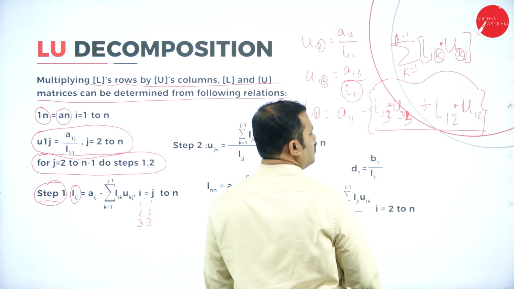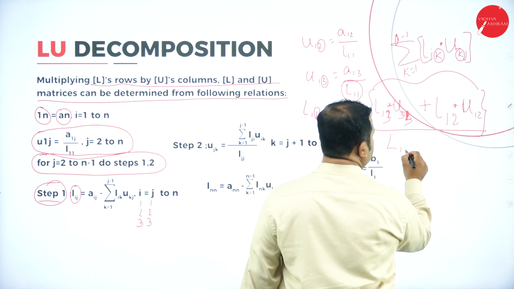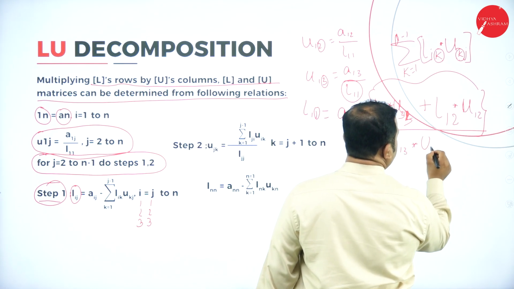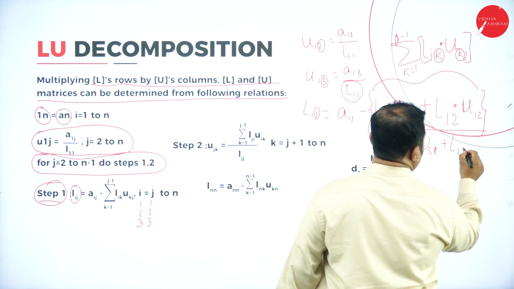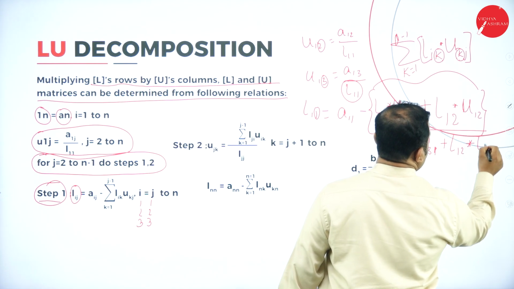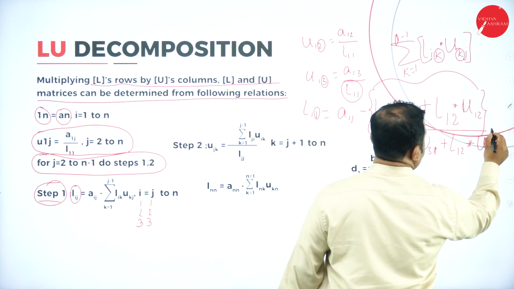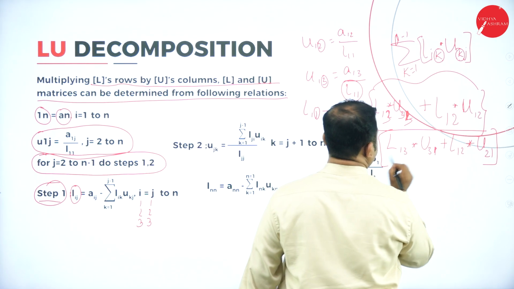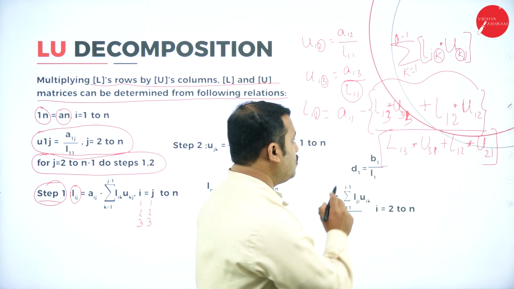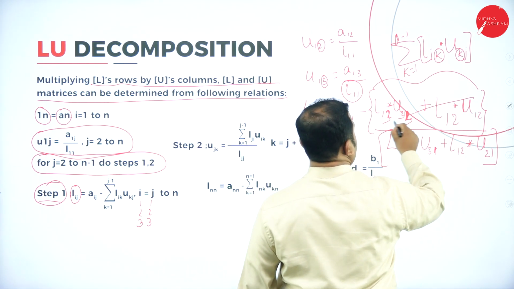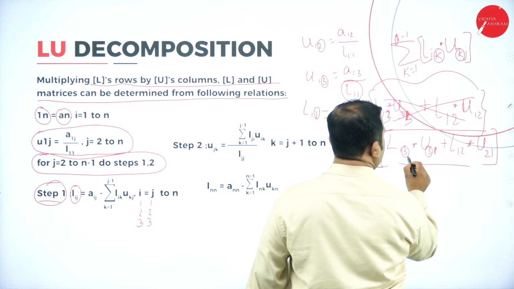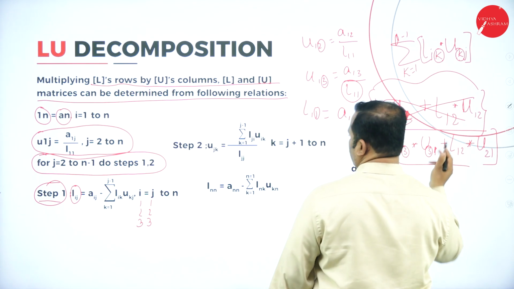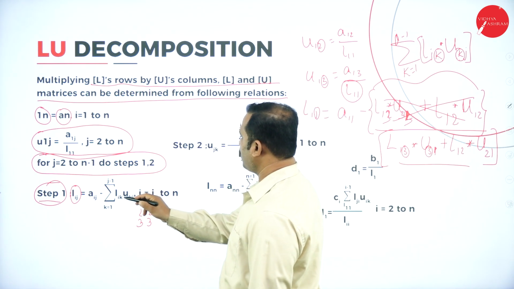This must be L13 star U31 plus L12 star U21. This is okay, this is correct, because the terms are the same here, K and K. This is for step 1.